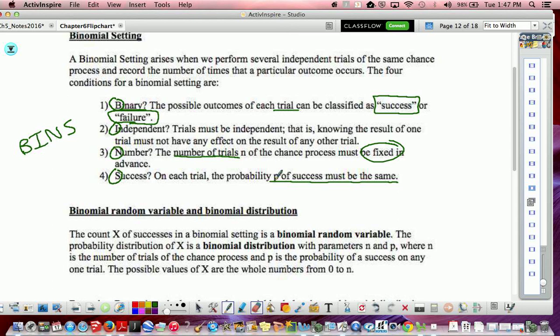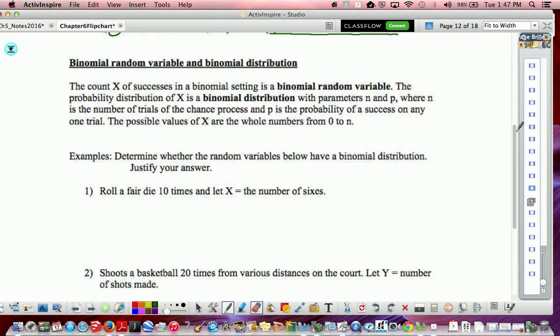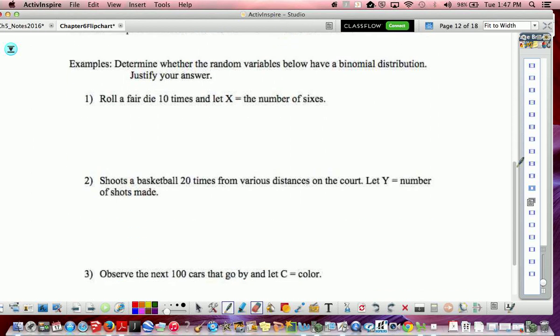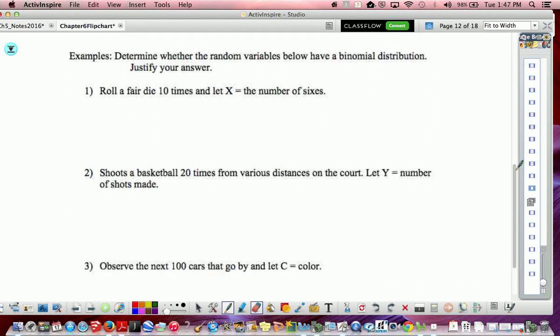One of the things you could be asked to do is determine, and we'll jump down here to the examples, whether or not these examples can be considered binomial distributions. So we run through the BINS.